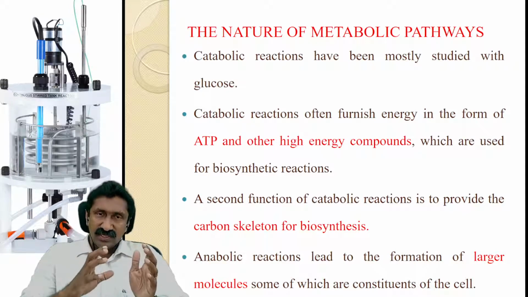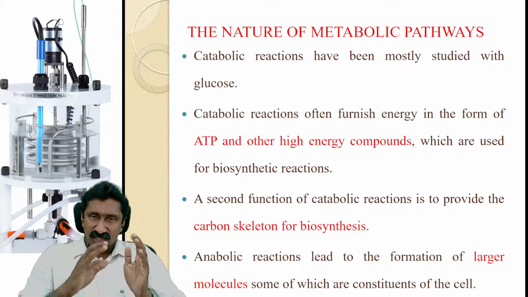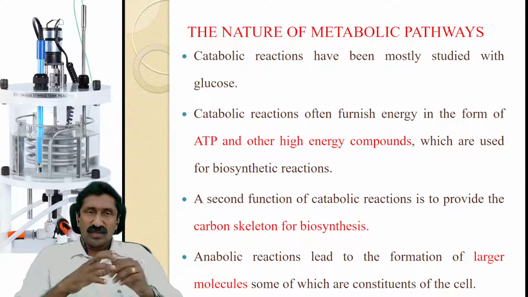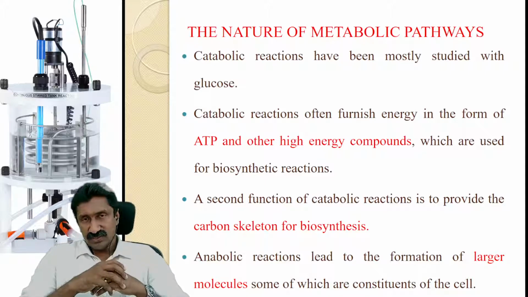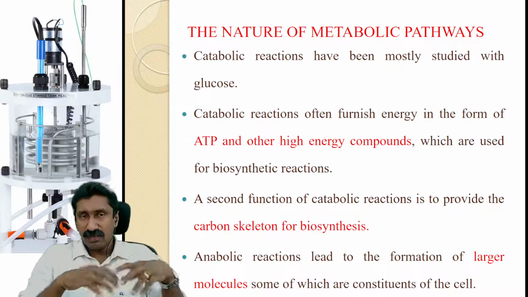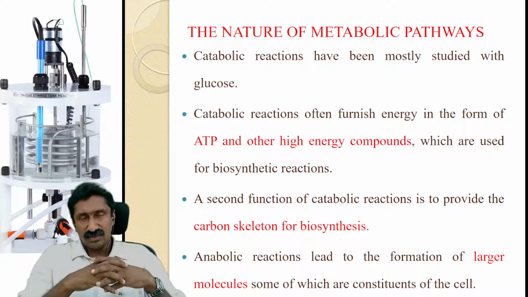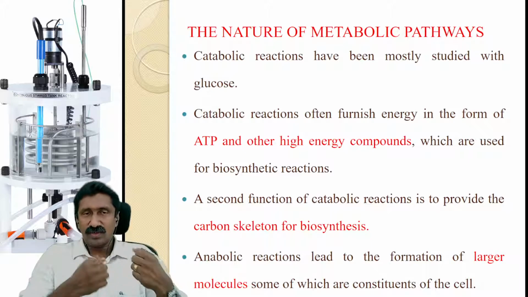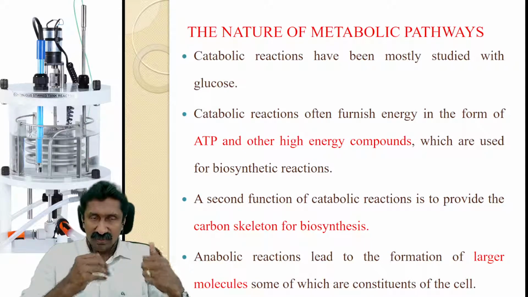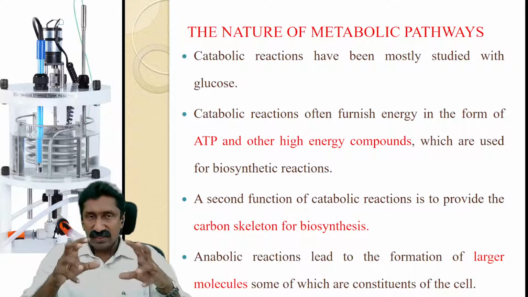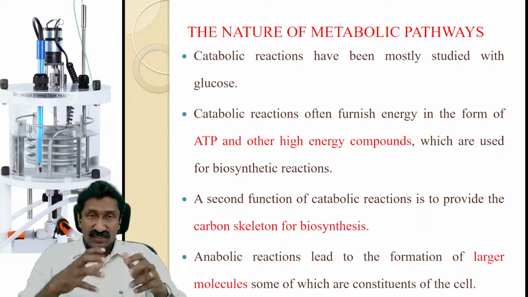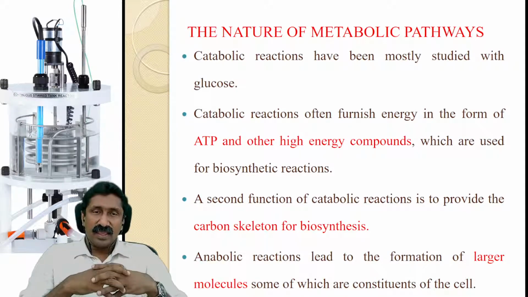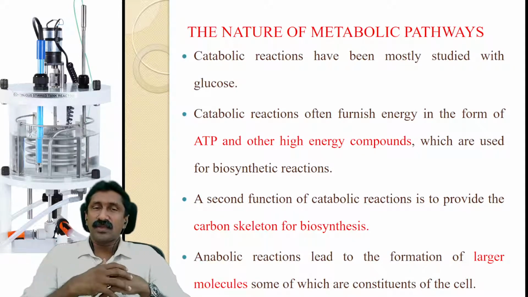These catabolic reactions often furnish energy in the form of ATP and other high energy compounds which are used for biosynthetic reactions. So basically catabolic reactions are breakdown reactions or utilization reactions where some metabolite will be degraded, and finally it will yield energy like ATP or other energy rich compounds, and that energy can be used for other biosynthetic reactions.